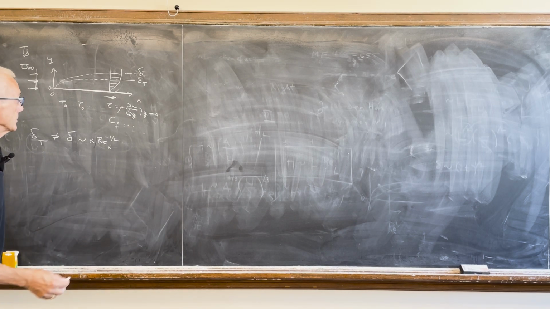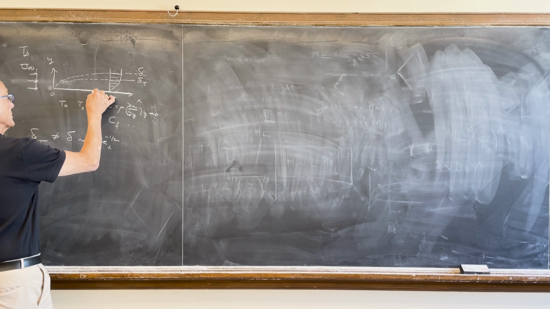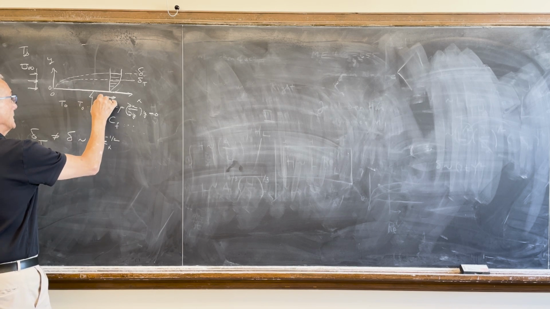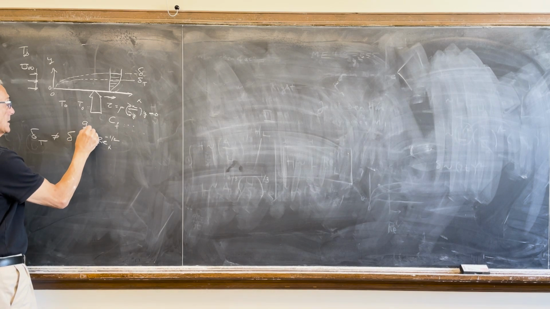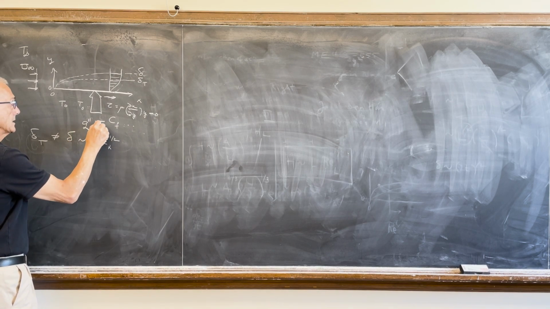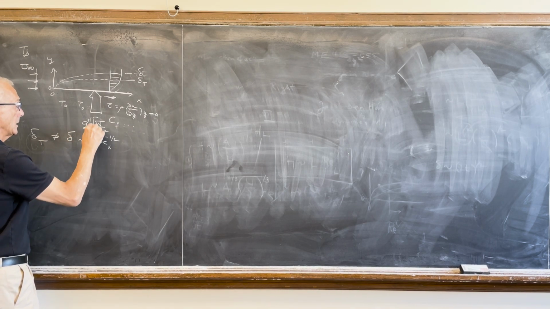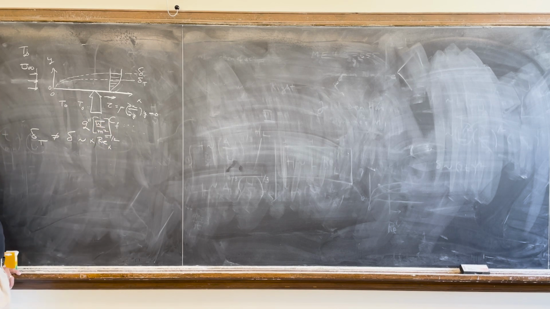The problem is to discover the relationship between heat transfer rate, in this case the heat flux q double prime, watts per meter squared, coming from the wall, and the temperature difference. The temperature difference being delta T equals T0 minus T infinity. That is the problem.